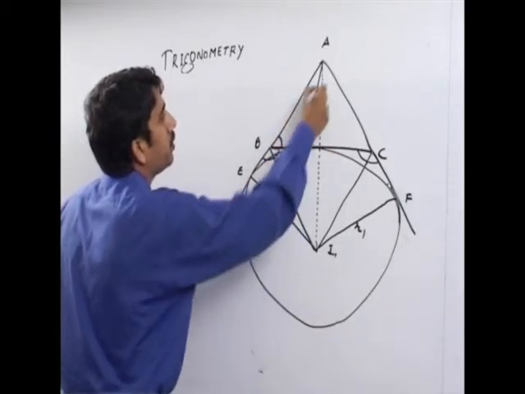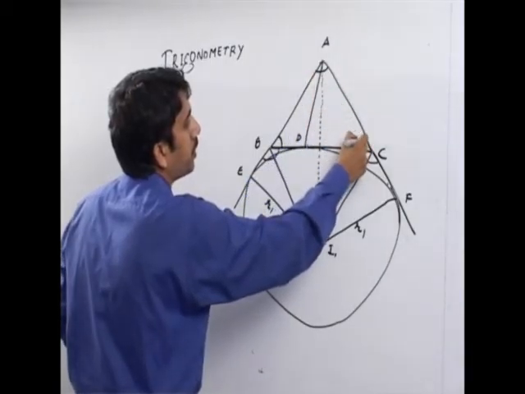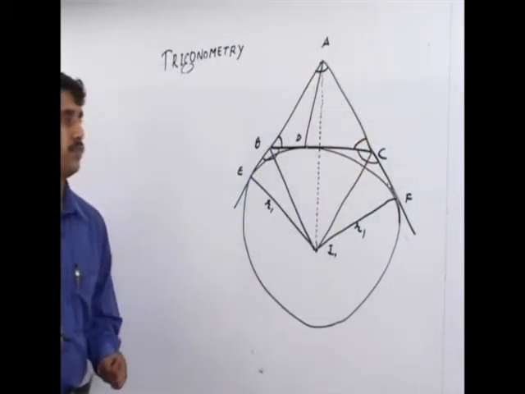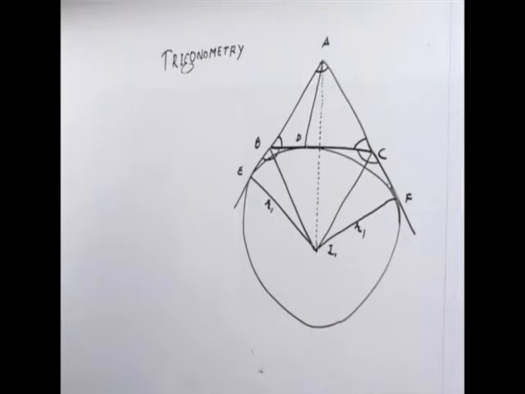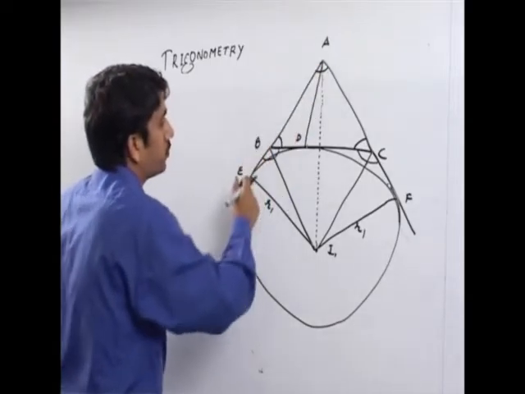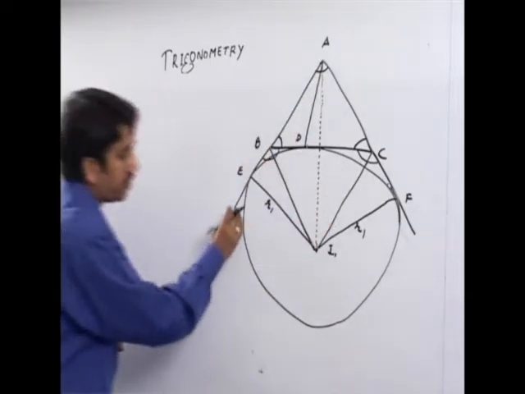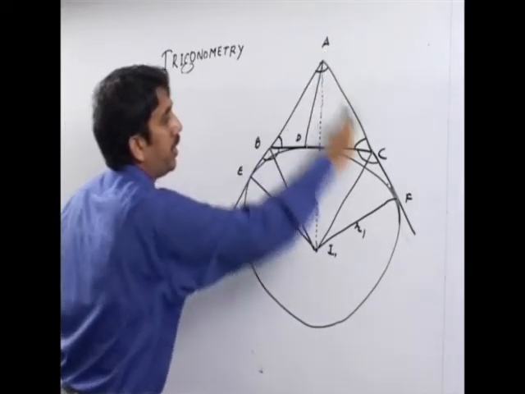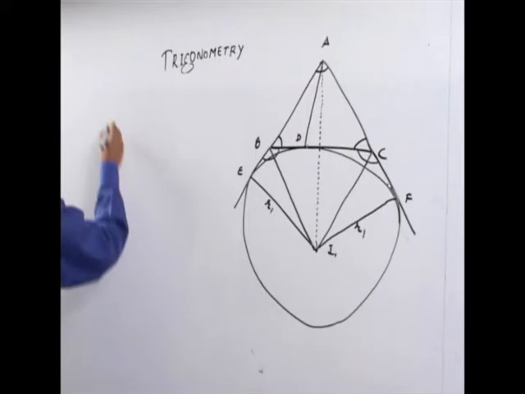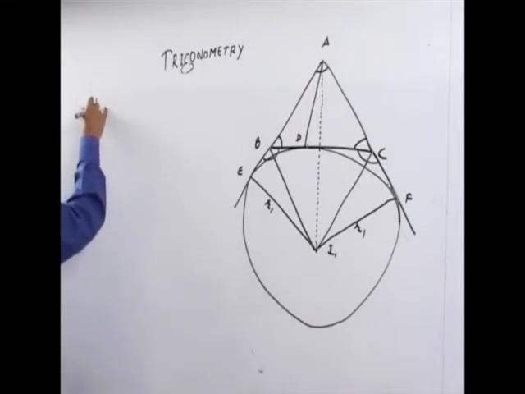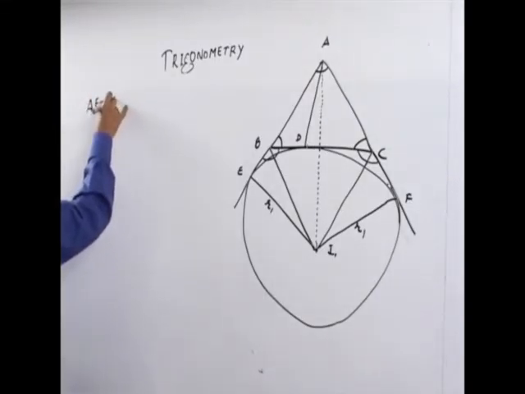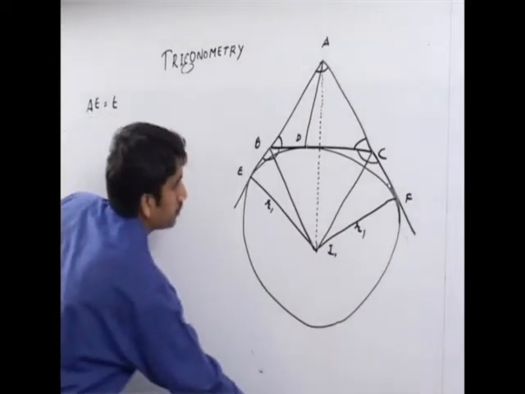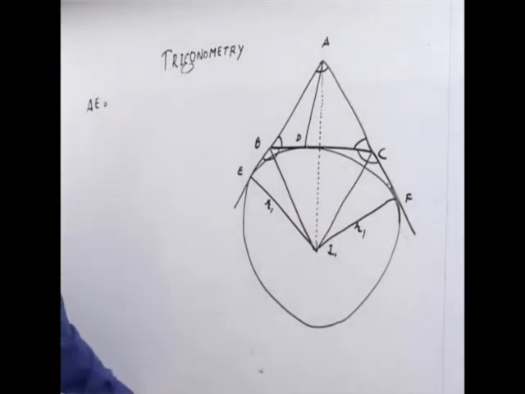This angle is B, this angle is A, and this angle is C. Now, here we'll do the same thing: tangents to this circle from A, AE and AF are two tangents, and these tangents are equal.